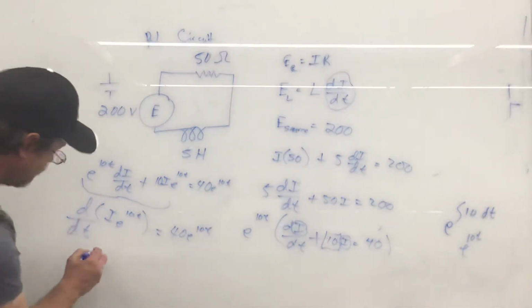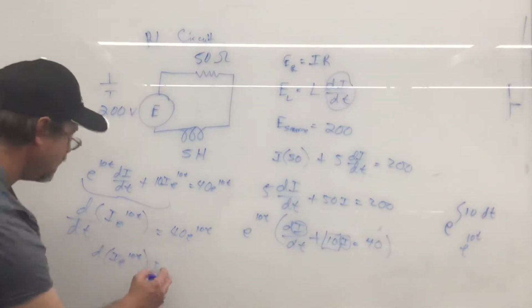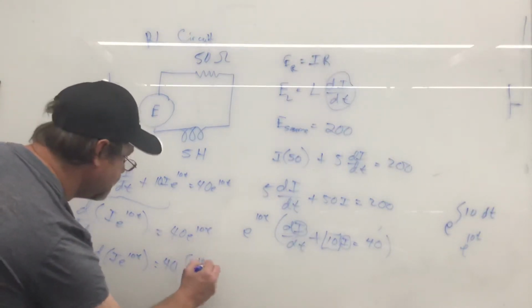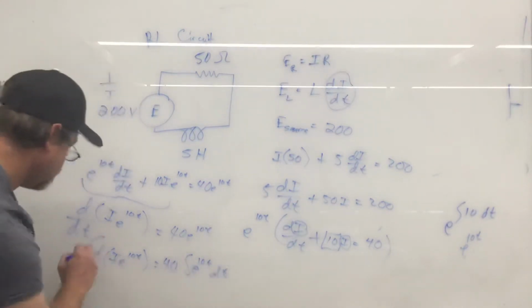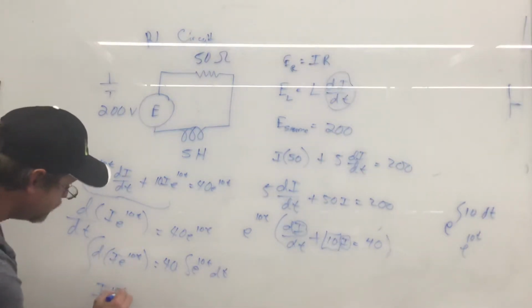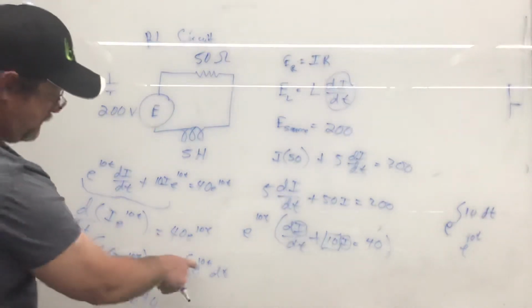I can now separate variables. I've got the differential of this product equal to 40 e to the 10t dt. I'm going to integrate here. I e to the 10t equals 40, and that thing e to the 10t.